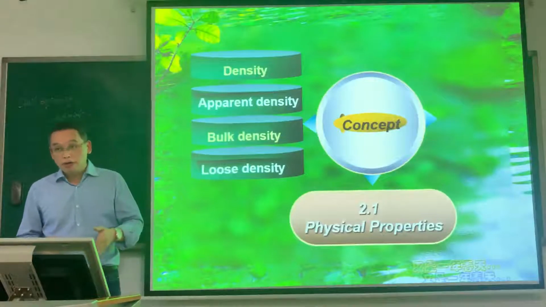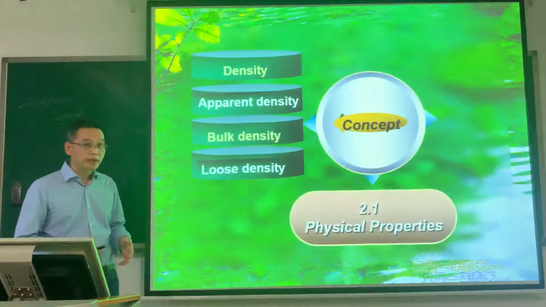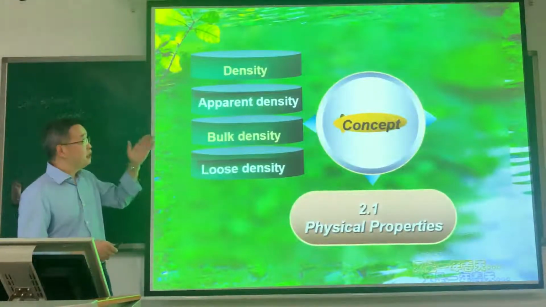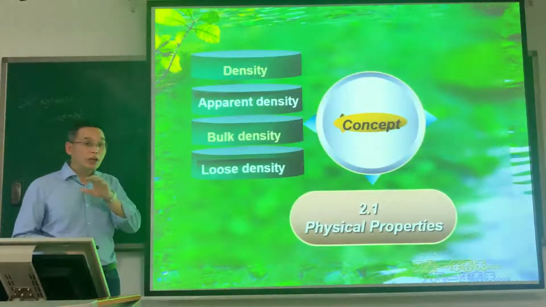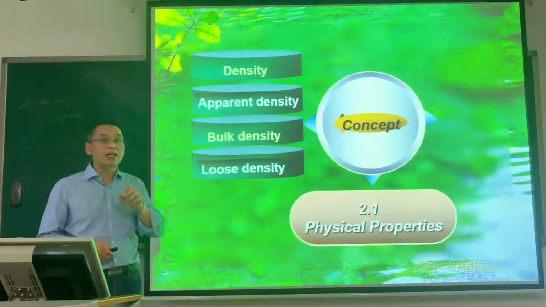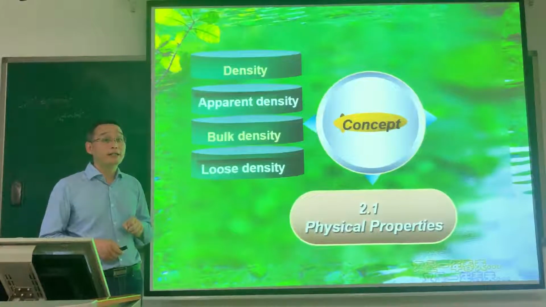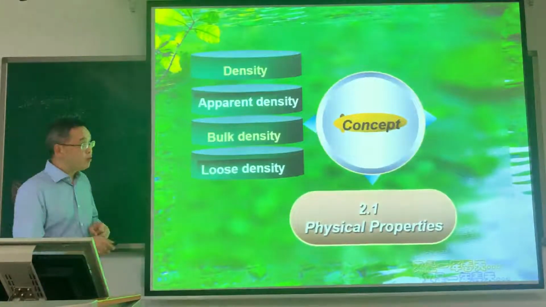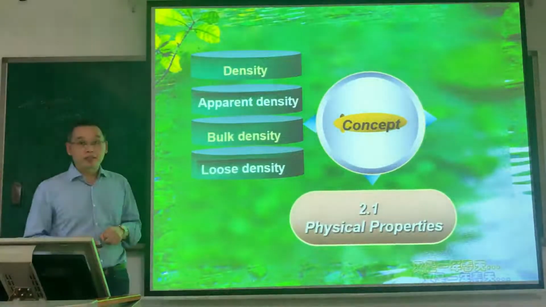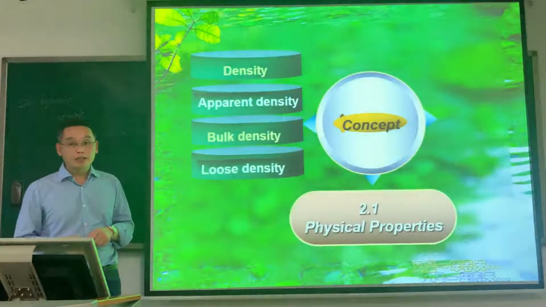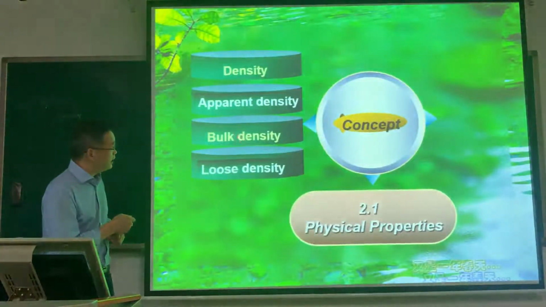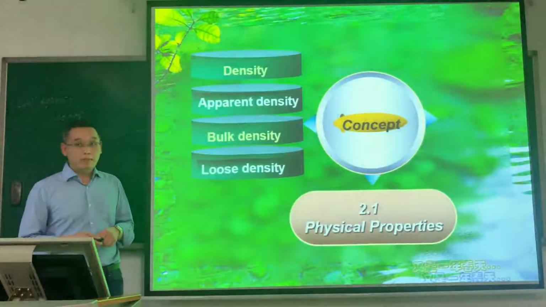But in this course, if we mention density, it means there are several different kinds of density. The first one is the apparent density. And then there is the bulk density.